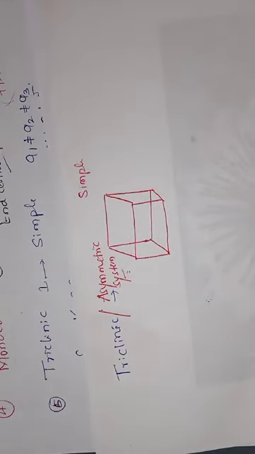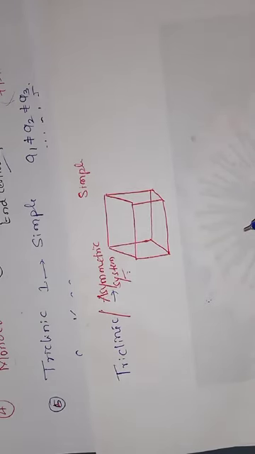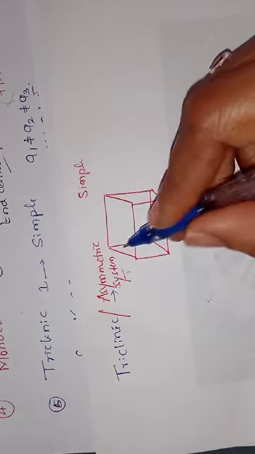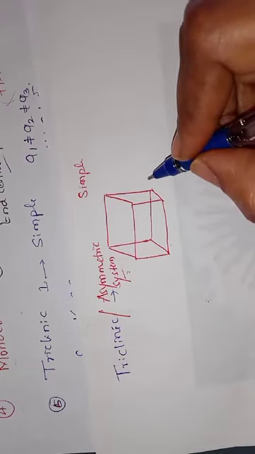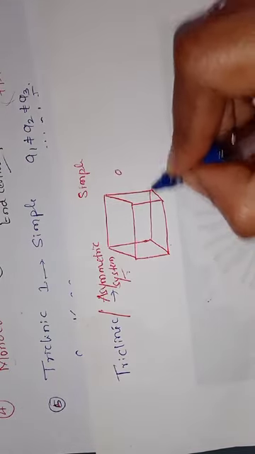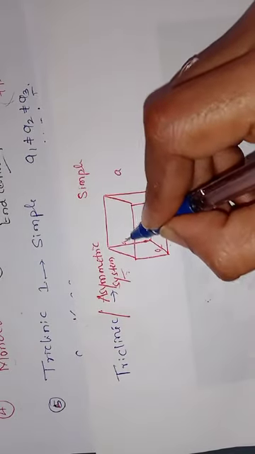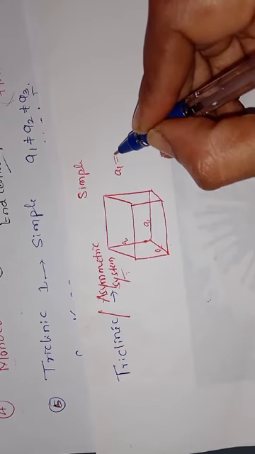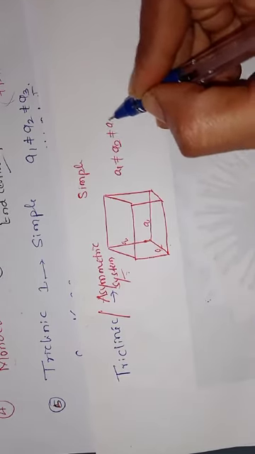In the triclinic system of crystals, the 3 crystallographic axes are not equal. If you take these as A1, A2, A3, A1 is not equal to A2, which is not equal to A3.